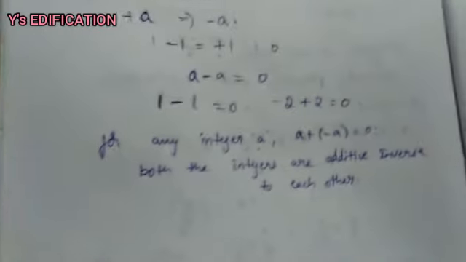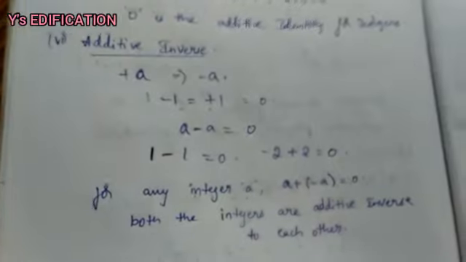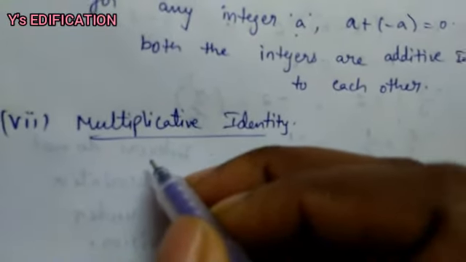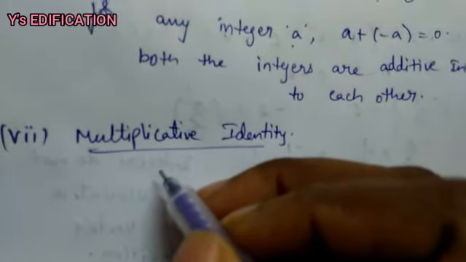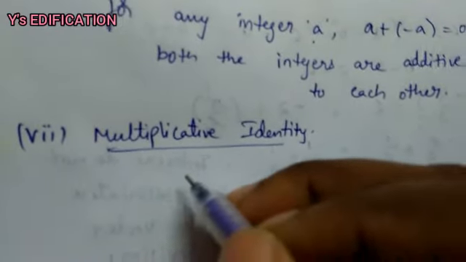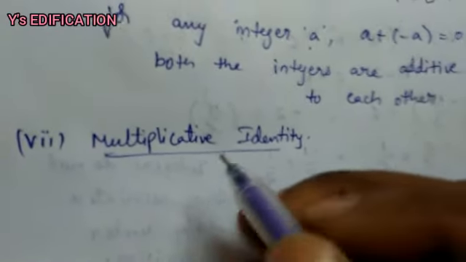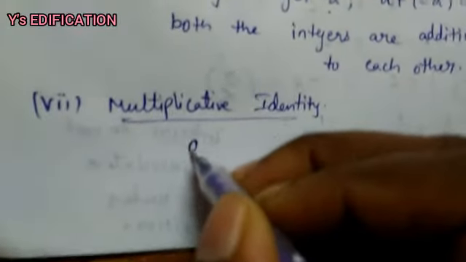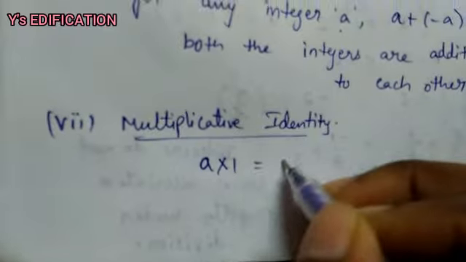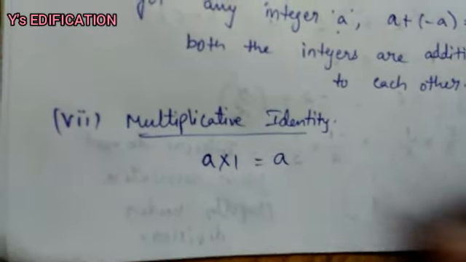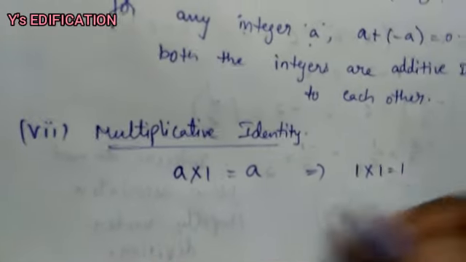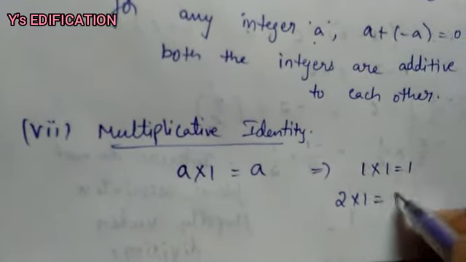In the same way, we have multiplicative identity. So what is multiplicative identity? In the additive identity, 0 is the additive identity. Here 1 is the multiplicative identity. For any integer, if we multiply with 1, the answer is the integer. For example, if I multiply 1 with 1, the answer is 1. If I multiply 2 with 1, the answer is 2.